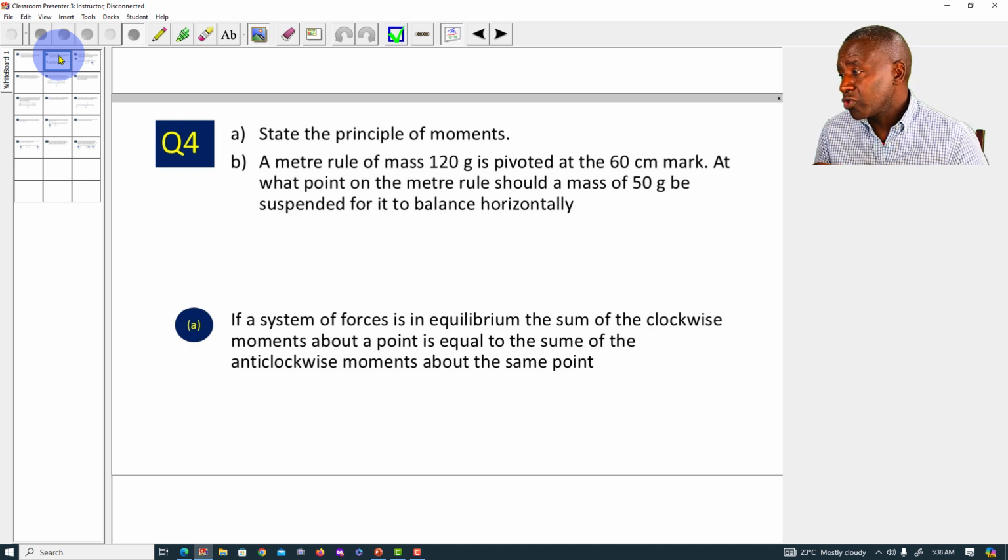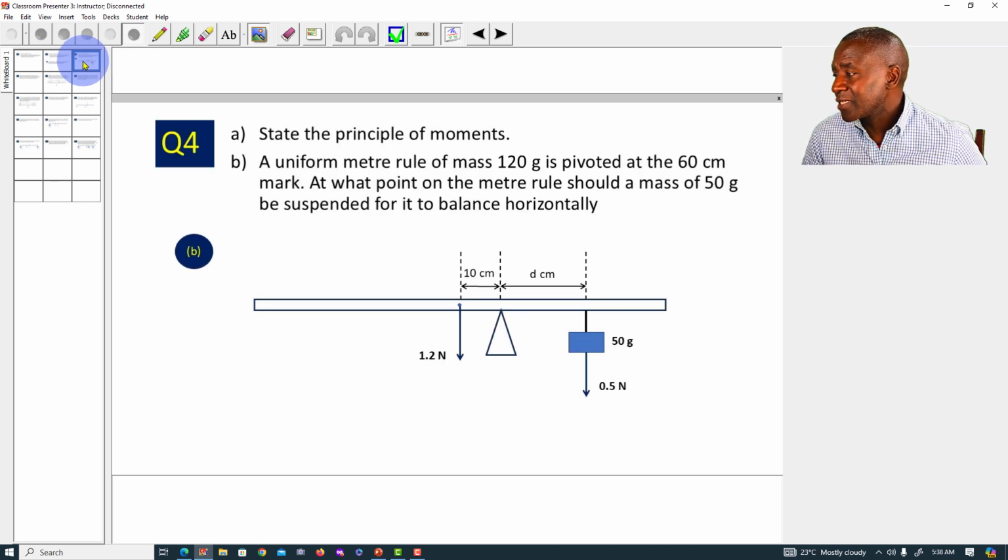So I'll expect you to draw a straight bar, call it a meter rule, and then you say this is a 0 centimeter mark, this is a 50 centimeter mark, this is a 100 centimeter mark, and then you continue to put in the details as I've done in the next slide. See, I've drawn that meter rule and I've assumed it is a uniform meter rule, so that right at the 50 centimeter mark, that is where we have its weight acting.